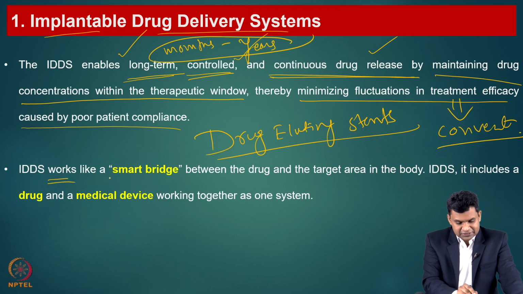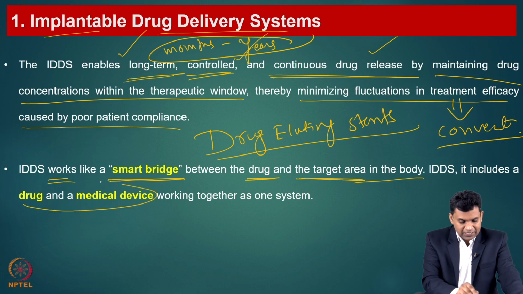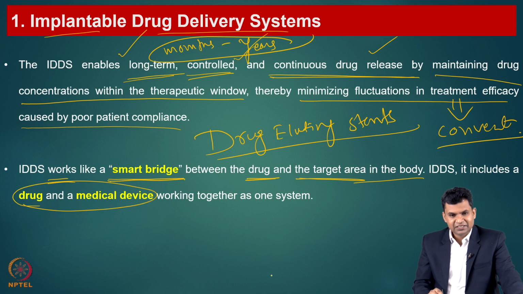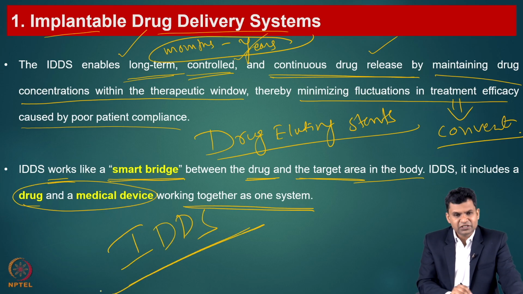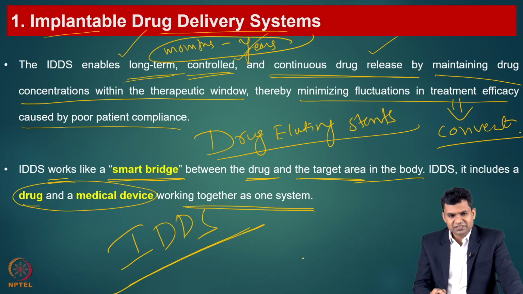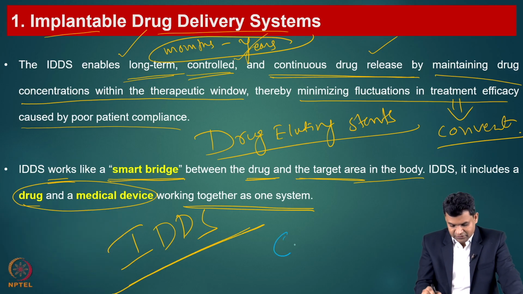This works like a smart bridge between the drug and the target area in the body, where drug and medical device come into one system, called an implantable drug delivery system. Also, if you remember, in our previous lectures we discussed ocuserts.